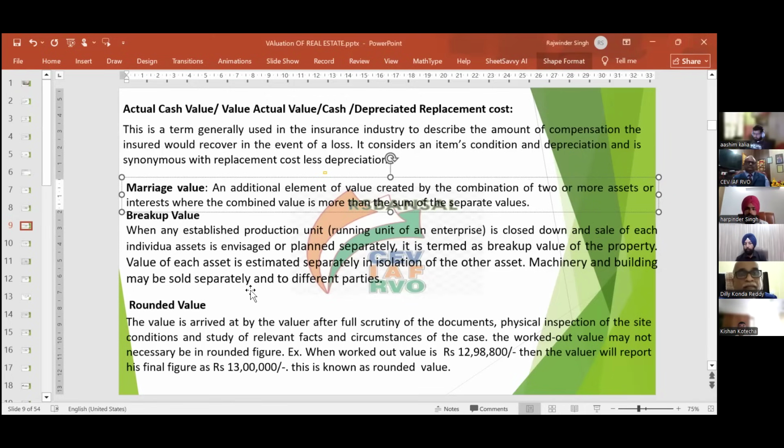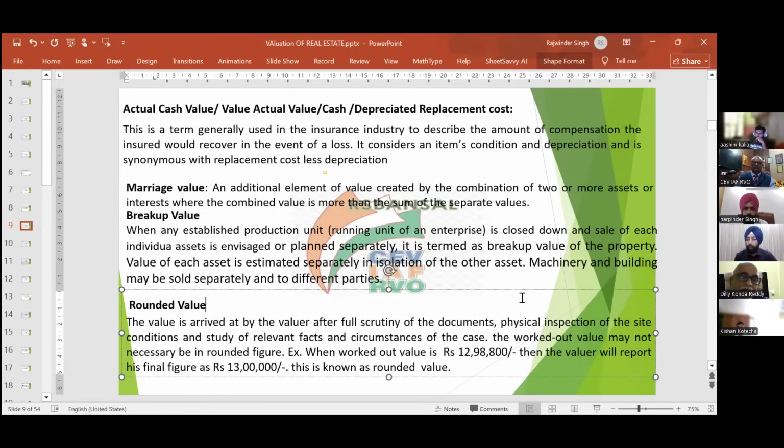Next is breakup value. This is especially in case of plant and machineries. When an established production unit is sold or closed down and is not making any production, then each and every machinery is sold as an individual component, and then the total value is calculated.